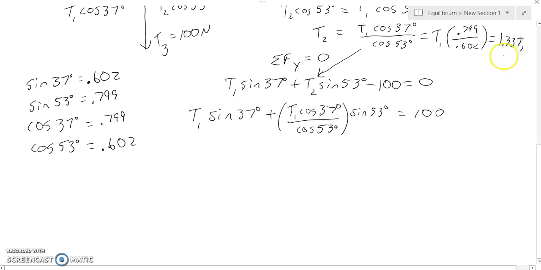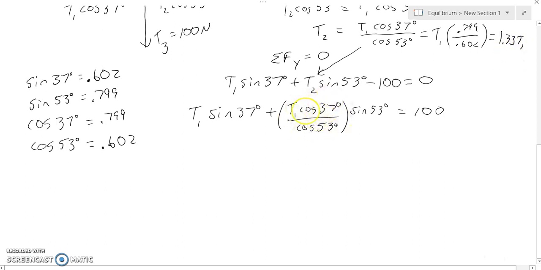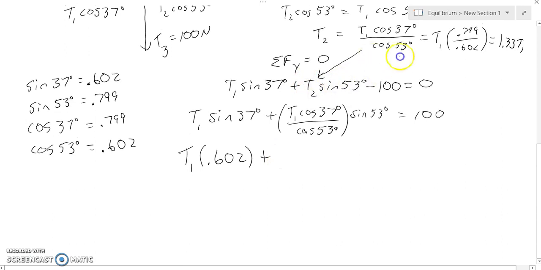Okay, I can just plug this in instead of that big mess. Okay, so anyway, I'll kind of show that. I'm going to show everything at once here. T1 times sine of 37, which is 0.602, plus, and then I'll just go up here, we've got T2, which is 1.33 T1, times sine of 53, 0.799.